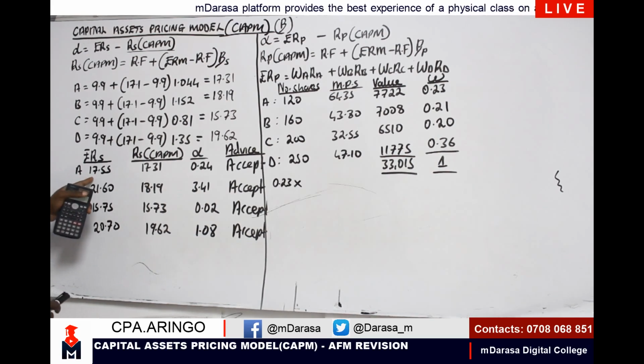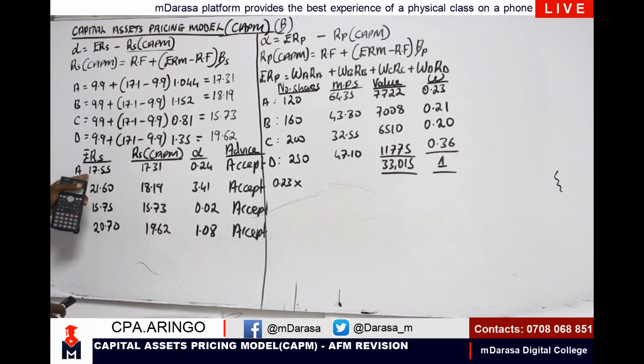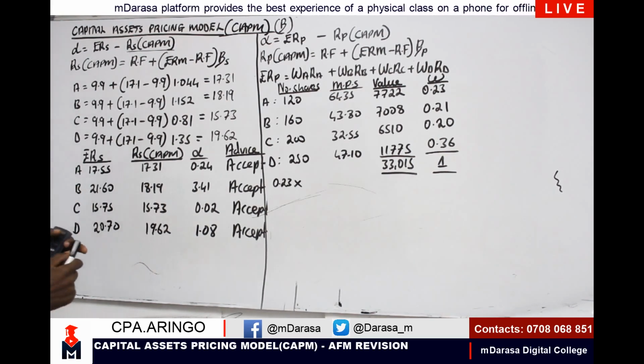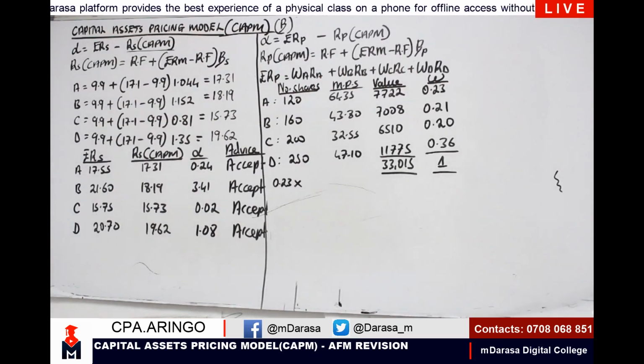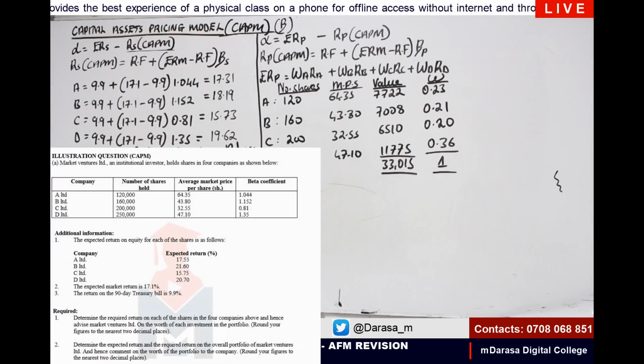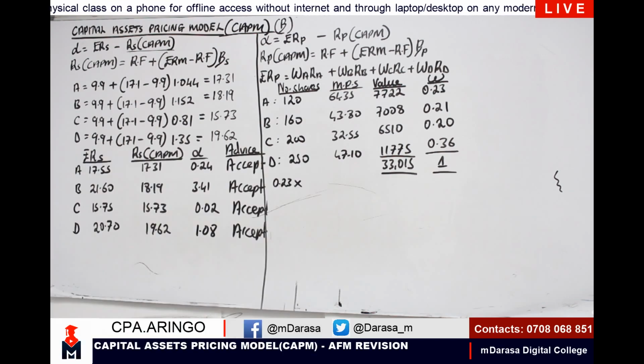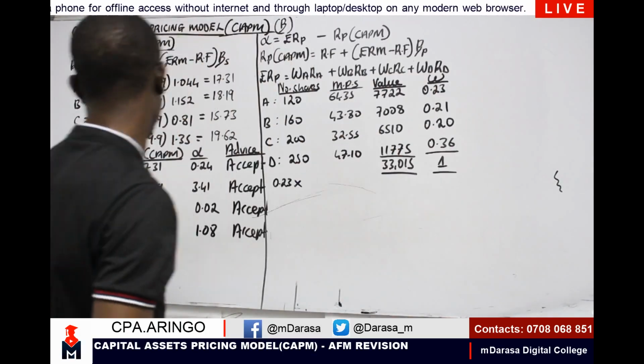See, these are the figures that you're having, and these are the same that we had in our question. If you can still confirm that, I believe you've taken a screenshot of the question. These are what we had in note 1, expected returns.